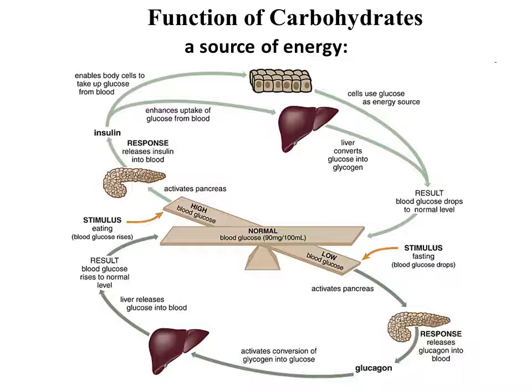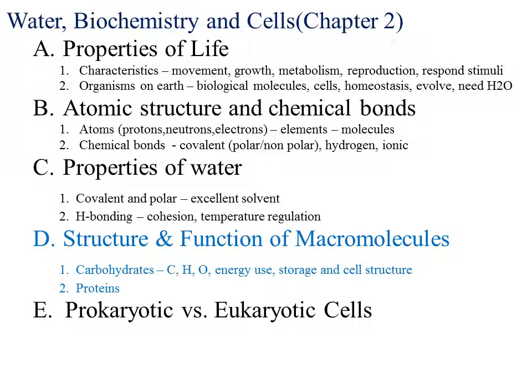This will then cause your blood glucose levels to normalize once again. So that is a brief overview of carbohydrates, which, as I mentioned, is necessary for energy use, and it's also important for storage and cell structure.